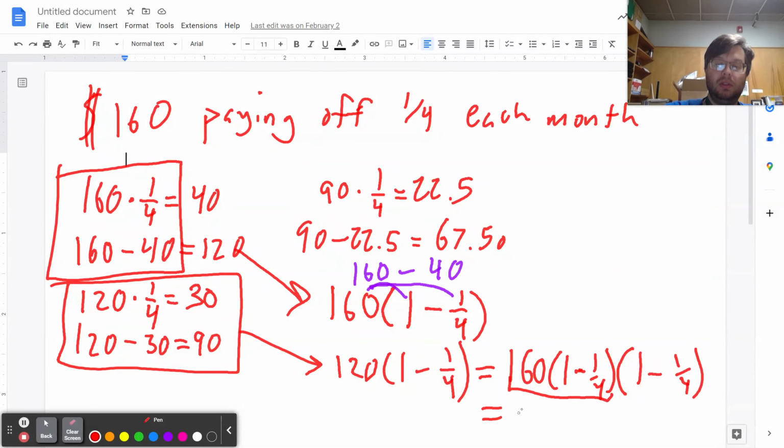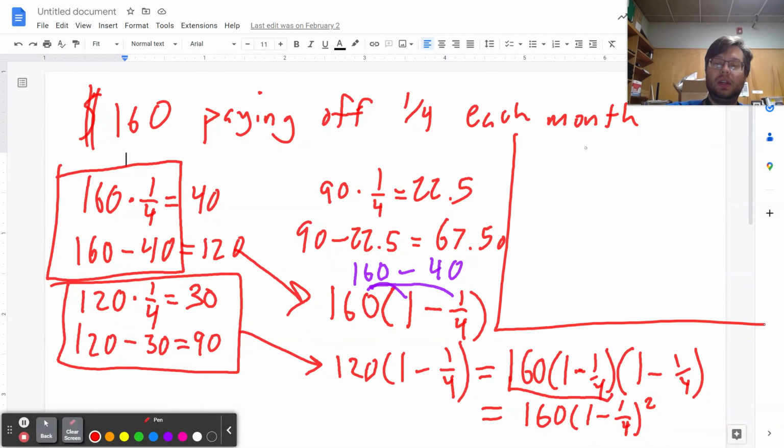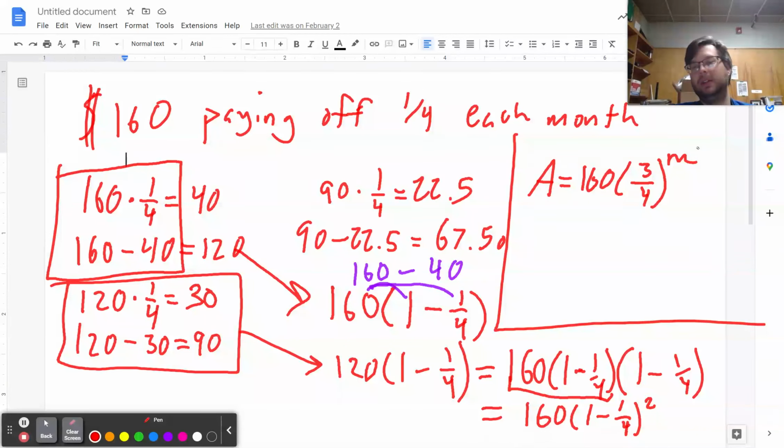In other words, the second step of the process is 160 times 1 minus a quarter squared. In general, the amount that you owe your grandma is 160 times 3 quarters raised to the m for months. You could use x, you could use t, whatever you want. And this shows you that there's always something left over.